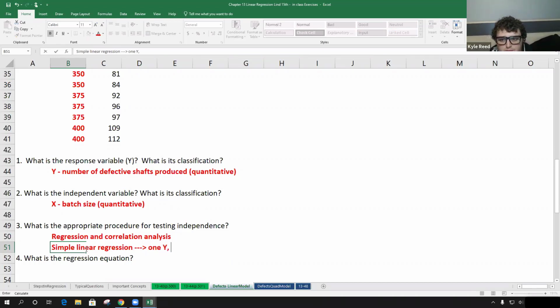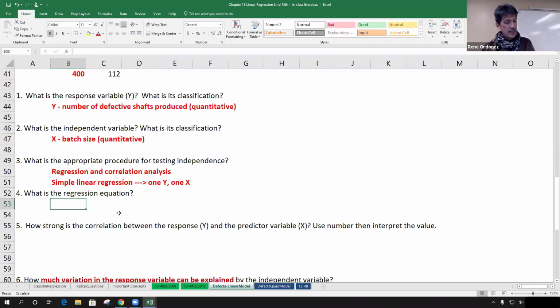Correct. So the important part is that there is only one independent variable. If there were two or more independent variables, then we're dealing with multiple regression. So that's the difference between simple regression and multiple regression, in terms of the number of predictor or independent variables. Question 4, what is the regression equation?